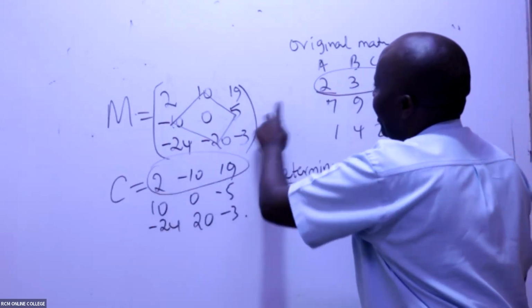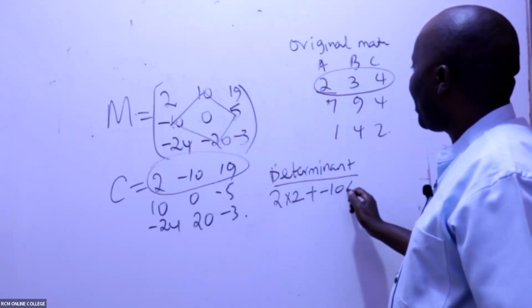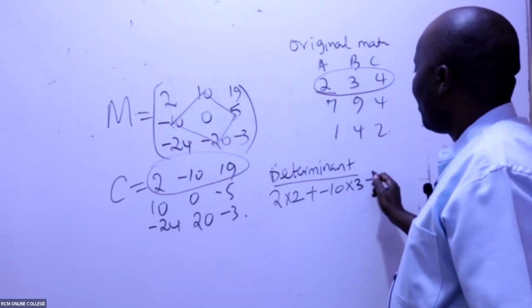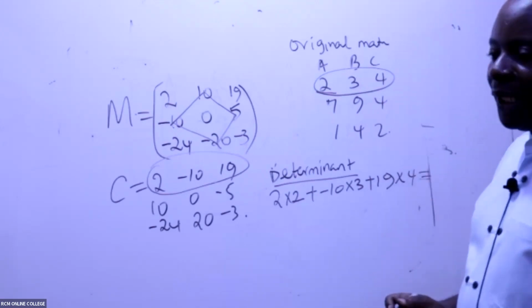So it will be 2 times 2, plus minus 10 times 3, plus, in this case here, 19 times 4. So are you able to give me this answer?